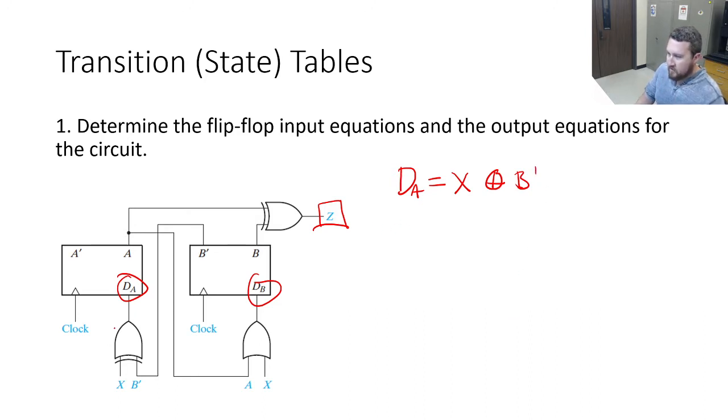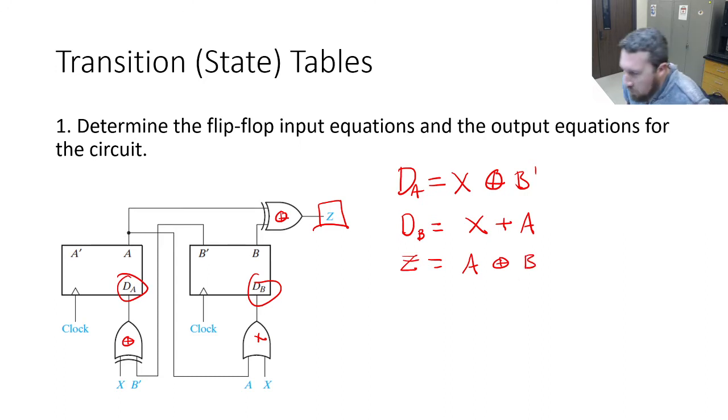And dB, that's an OR gate, which tripped me up in the last class, so dB is equal to X or A. And finally, Z: we have an XOR gate tied to B and A, so Z is equal to A XOR B. Cool? Any questions about step one? You look at the circuit and figure out the Boolean expressions for the output and for the flip-flop inputs.